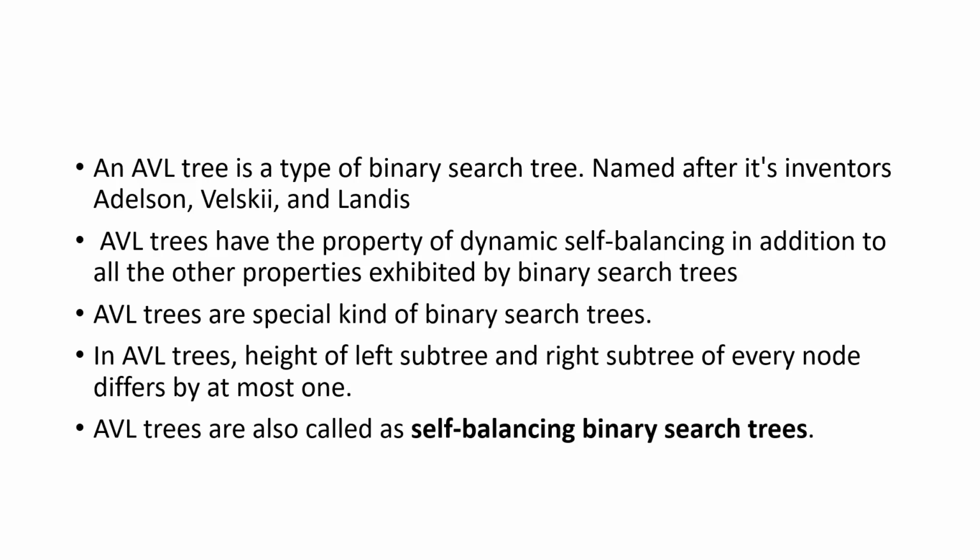By looking at the balancing factor, we can balance the tree. The balancing factor can be 0, 1, or minus 1. That is why, based on the balancing factor, the tree gets balanced. That is why it is called a dynamic self-balancing binary search tree.